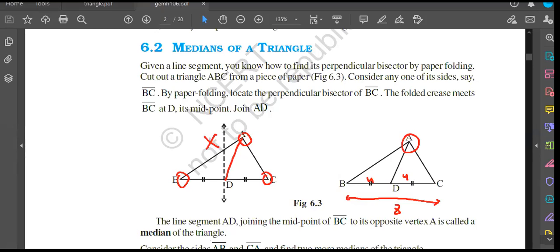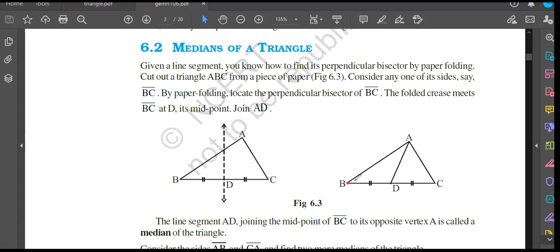Okay, very good. If anyone asks, yes, Manita, I'm explaining again, don't worry. If anyone asks what is the median of a triangle, you have to remember two points. First, it is a line from any vertex. For example, just suppose this B. It's a line originating from B and it cuts the opposite side. So which side is opposite to B?